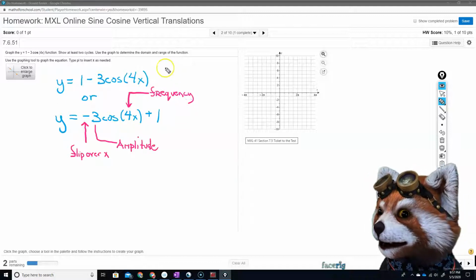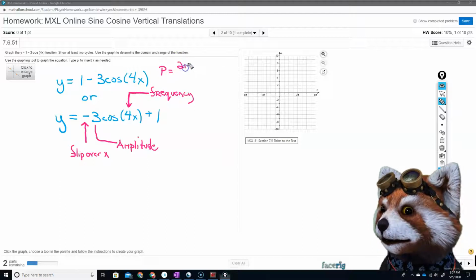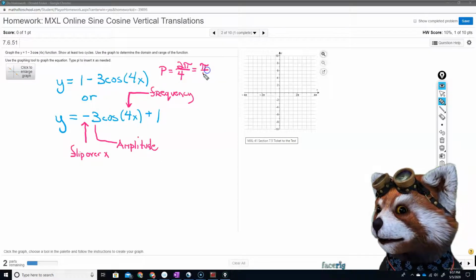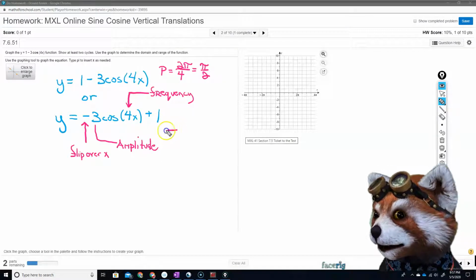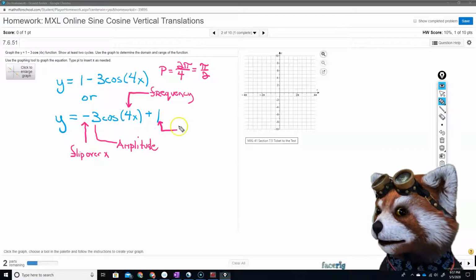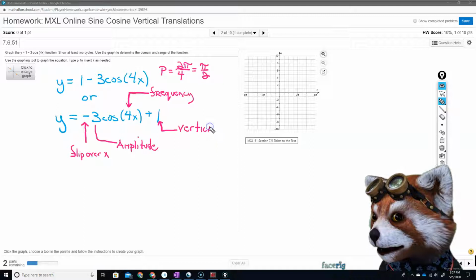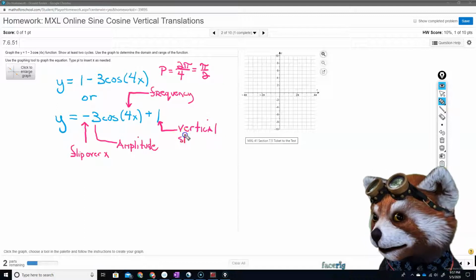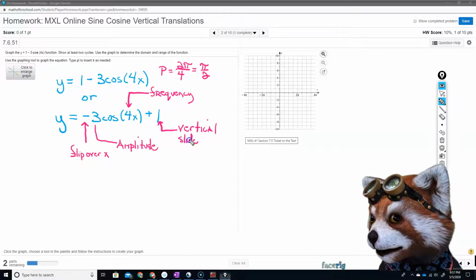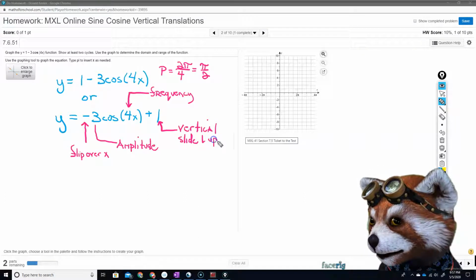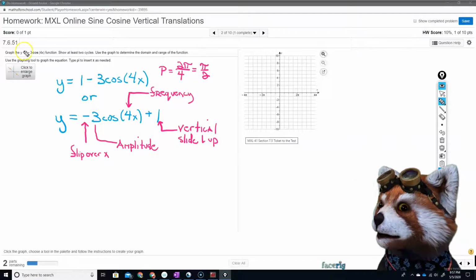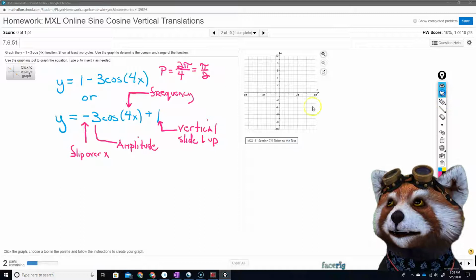So our period for this is going to be 2 pi divided by 4, which is equal to pi over 2. And then the 1 is a vertical slide. That's our new midline. So we're going to vertically slide this 1 up. That's the midline.